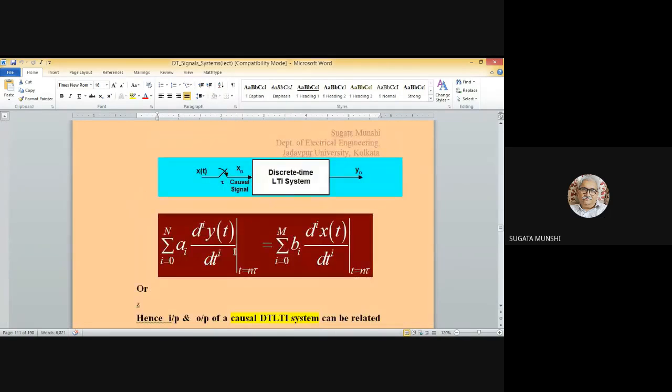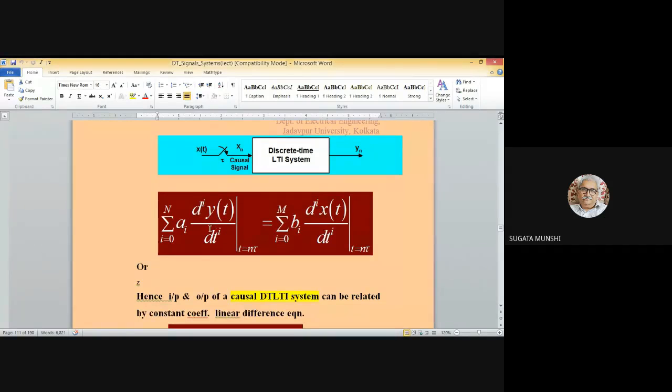Therefore, the representation of y[n] with x[n] will be governed by the equation that I have written here. I think that it's clear.